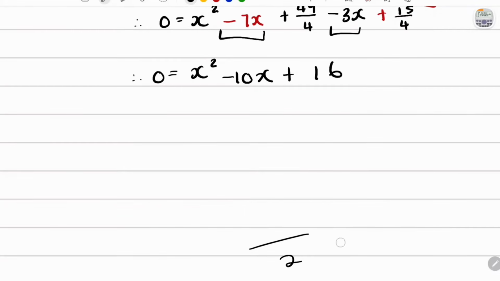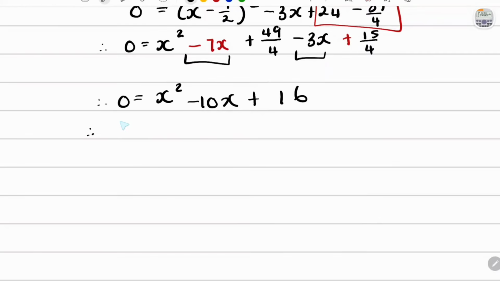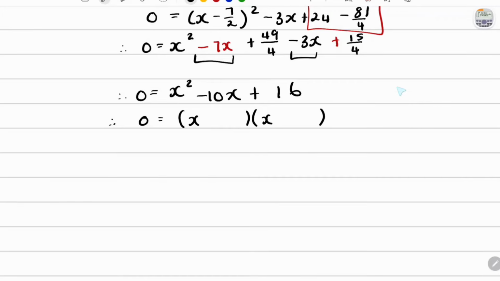Okay, so we have a trinomial right now. Okay, and we can go ahead and factorize this trinomial. So 0 is equal to, open up 2 brackets, and we have x multiplied by x. And factors, we need factors of 16 that can give us 10. So factors of 16 can be 1 and 16, which will definitely not work. It can be 2 and 8, which looks perfect, okay?